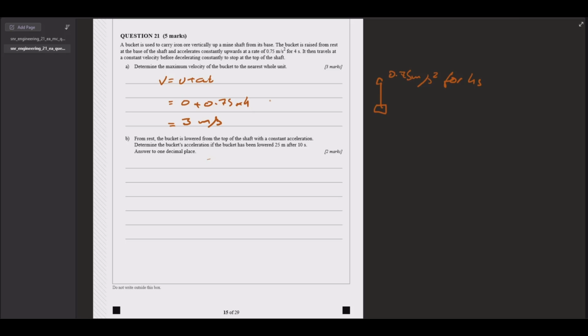From rest, the bucket is lowered with constant acceleration. Determine the bucket's acceleration if the bucket has been lowered 25 meters after 10 seconds. So, we have this. Let's rearrange for t.